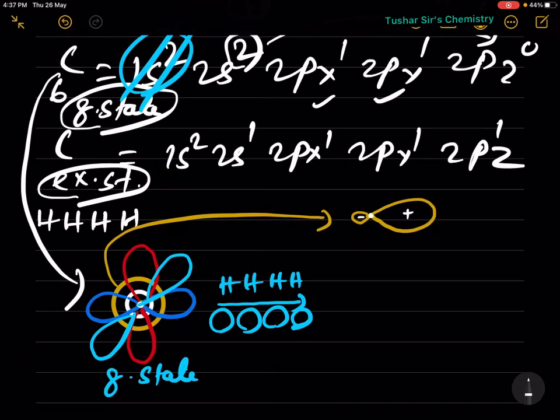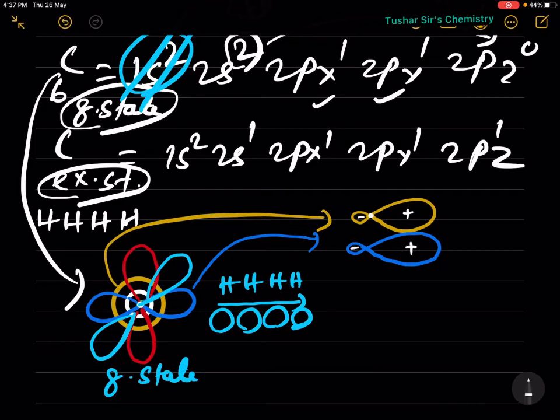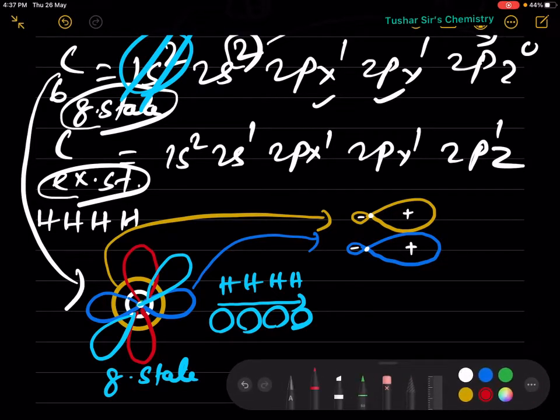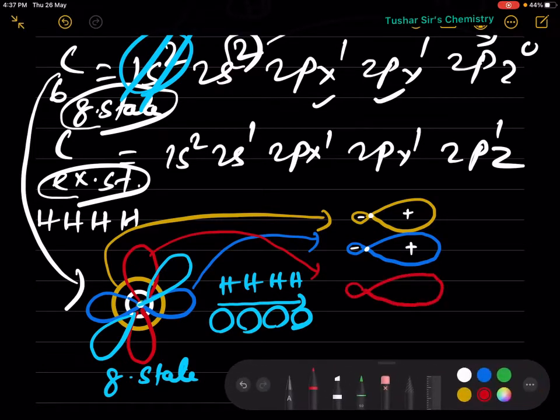Then 2px will become like this. You see, this is positive, this is negative, this is the nucleus. Then the red color 2py will become like this.